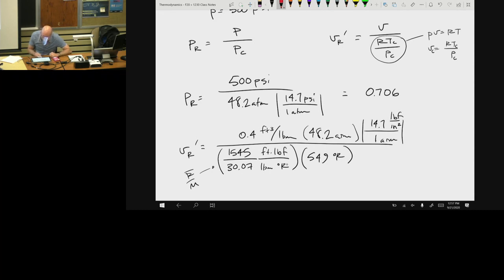Okay, so we go here. Degree Rankine goes away. Pounds mass goes away. Pounds force goes away. One of our feet goes away, so we have feet squared, and atmospheres goes away. And okay, now I have a problem here. I have too many things going away. What did I mess up here? It means I messed something up.